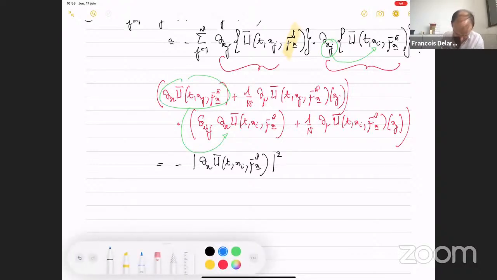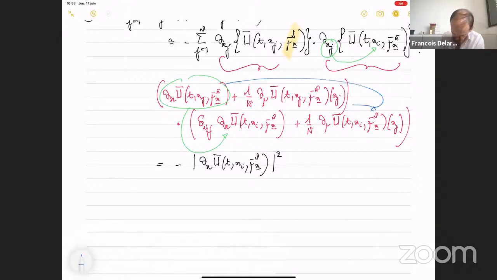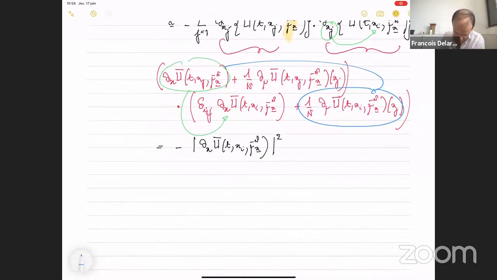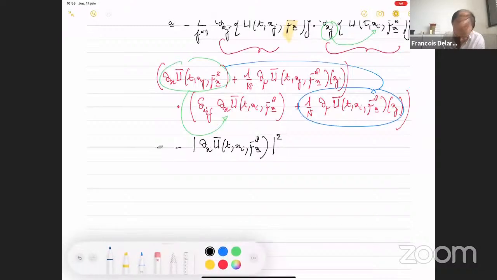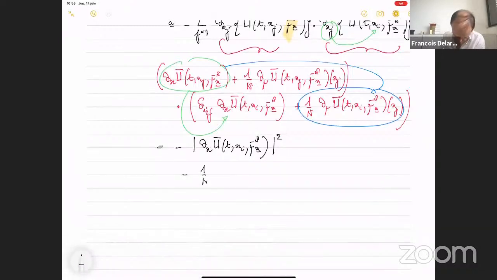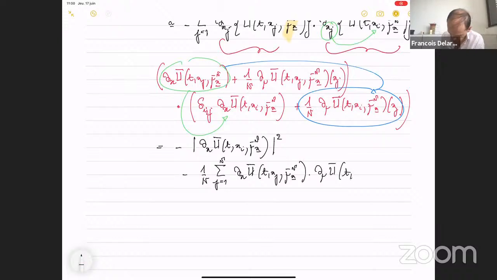Now I have this one acting on this one. Then I have all the j's. And so I have minus 1 over N, the sum over the j's from 1 to N of dx u t xj mu bar N x underline, inner product d mu u bar t xi mu bar N x underline xj.